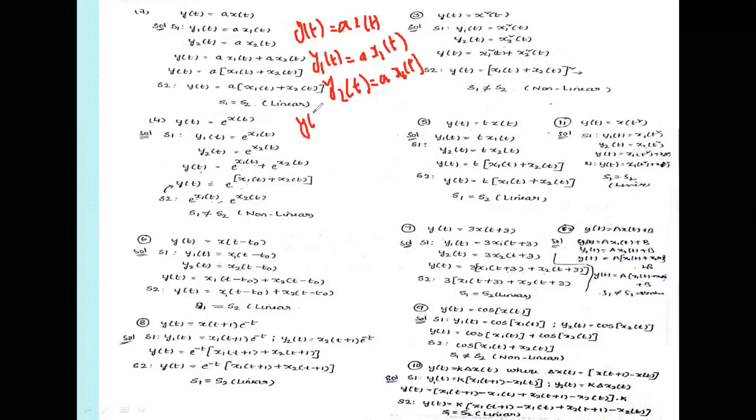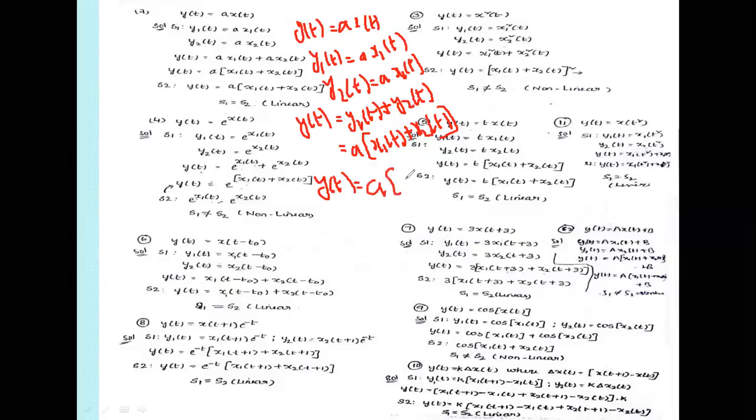Combine the two functions, the output response y of t is equal to y1 of t plus y2 of t, that is equal to, both having a as a common term, a into x1 of t plus x2 of t. Otherwise, directly add the two functions, then give that as an input to the system, and get the response y of t is equal to a into x1 of t plus x2 of t.